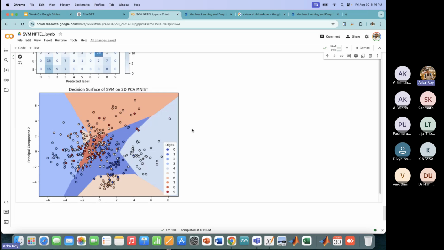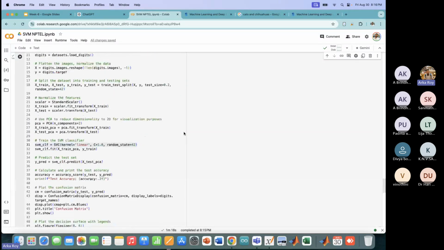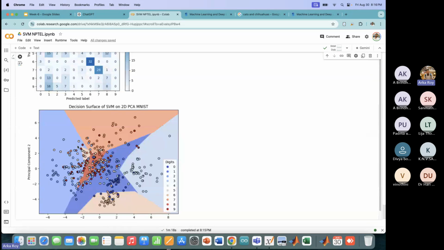So these are some drawbacks of the SVMs that we have shown. Even if you use some other kernels, let's say radial basis function or polynomial kernels, you will not get much of an improvement, because with the number of classes, you increase the complexity of the problem.